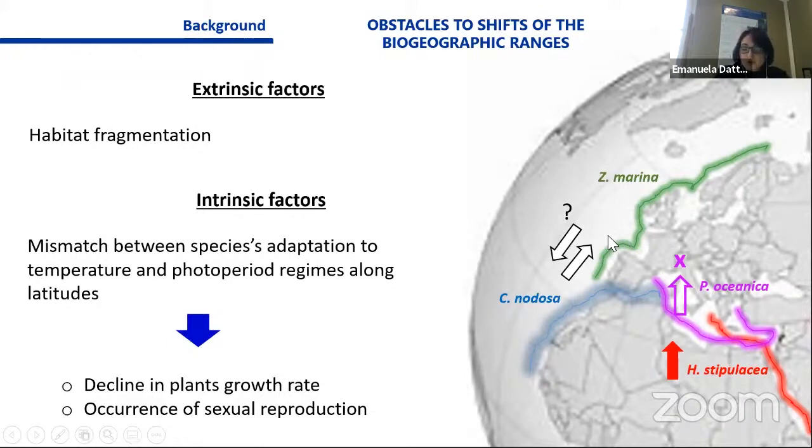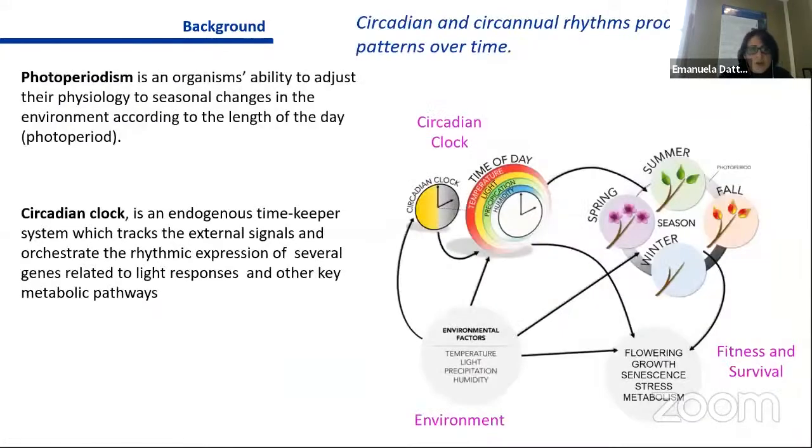So a crucial point to assess how seagrasses will be distributed in the future is the study of the photoperiodic sensitivity of the different species. Photoperiodism refers to the ability of the organism to adjust its physiology to the seasonal change in the environment according to the length of the day.